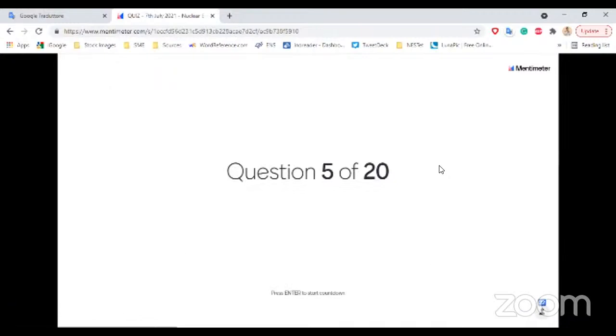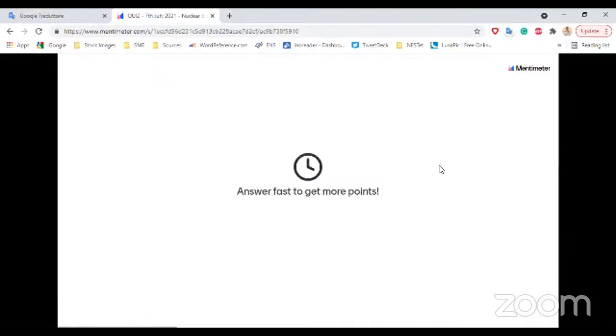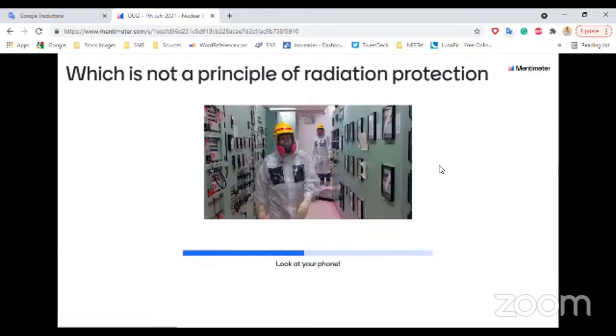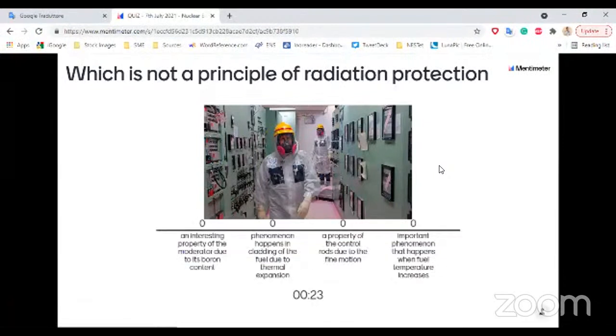Then question number 5. Which is not a principle of radiation protection? An intrinsic property of the moderator due to its boron content. Oh no, I'm sorry. I'll delete this one. It's my mistake. So you are free and you can not reply because I had a bug with the program today, and the answers are related to an old question.